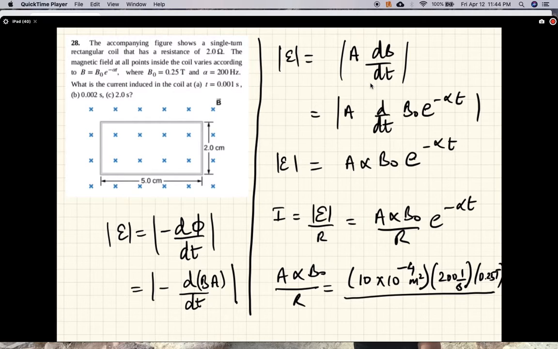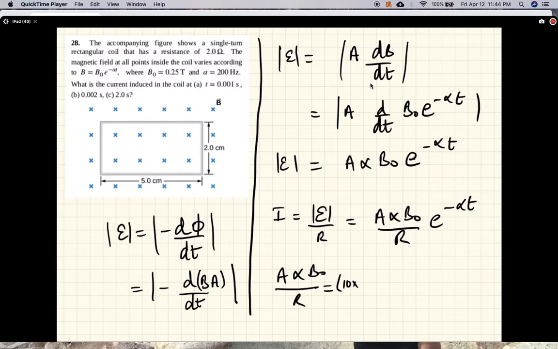So area is 10 times 10 to the minus 4 meter square. Alpha is 200 Hertz, 200 per second, and B naught is 0.25 Tesla, divided by R, which is 2 ohms.